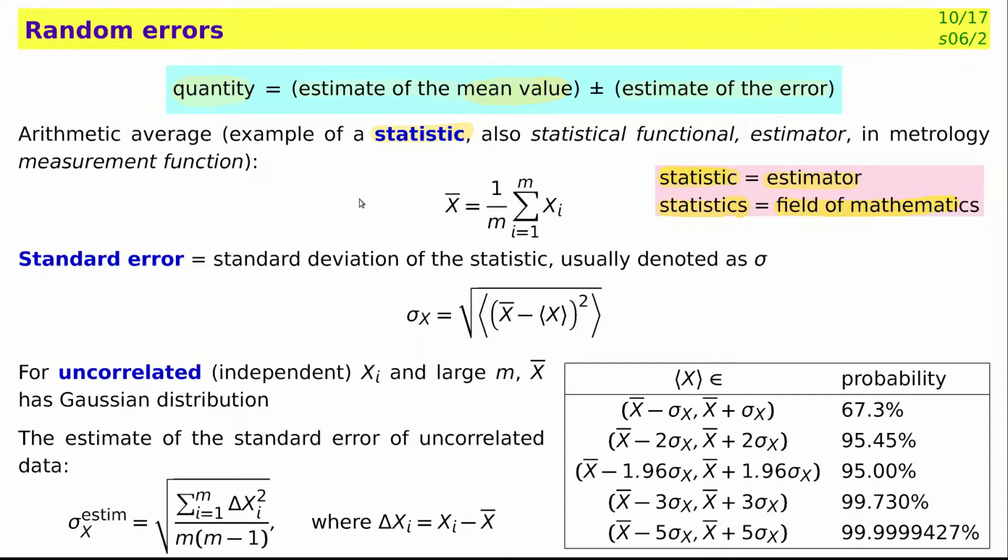Okay, so the simplest example for determining approximately the mean value using measurements is the arithmetic average. You know it well, I believe, from physics. We have a certain number of measurements, m, and we calculate its arithmetic average.